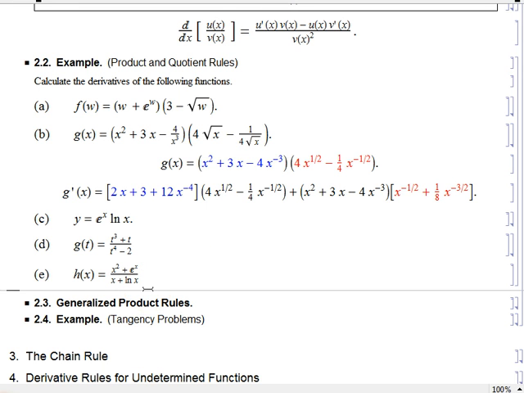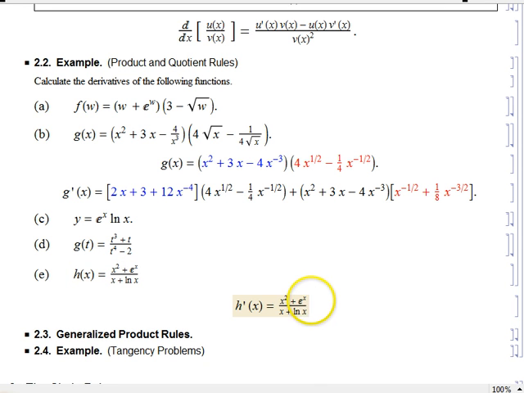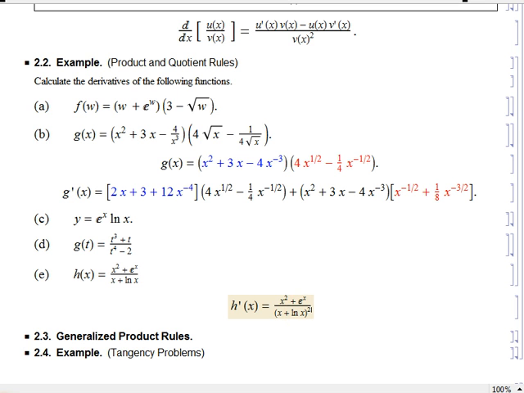Let's do something similar to the quotient rule here. Let's go over to the last problem. H prime of x is going to be equal to that. And then, as usual, the conspicuous part, denominator squared.